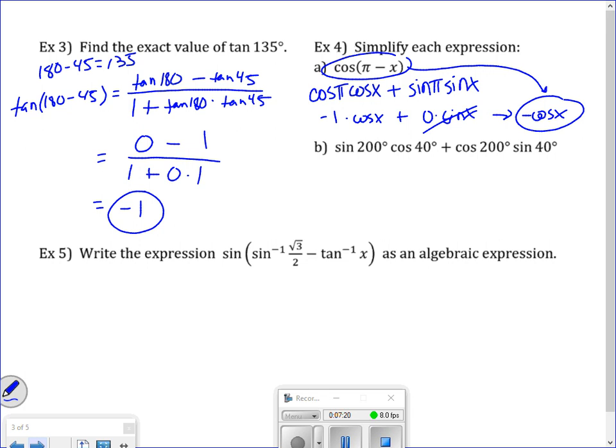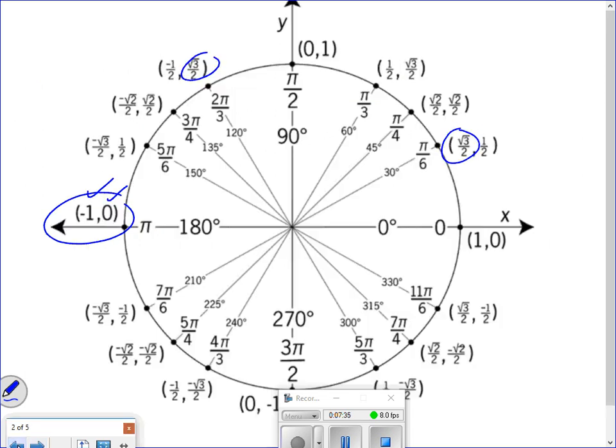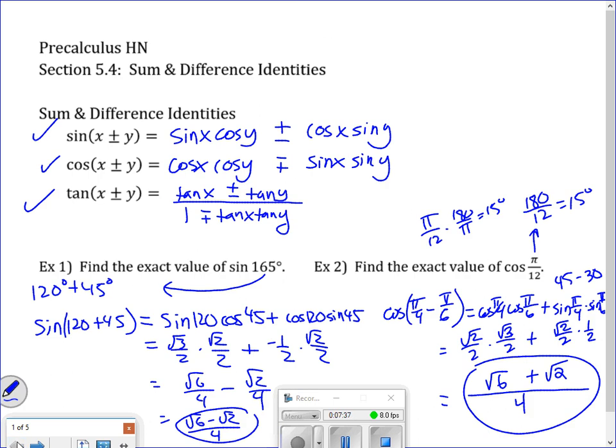Right. In letter B, these are angles that I do not know. I do not know the sine of 200 and the cosine of 40 off the top of my head. But I can look at this pattern and see that sine cosine plus cosine sine was just an expansion of this problem right here. So this is really just the sine of the two things added or subtracted.